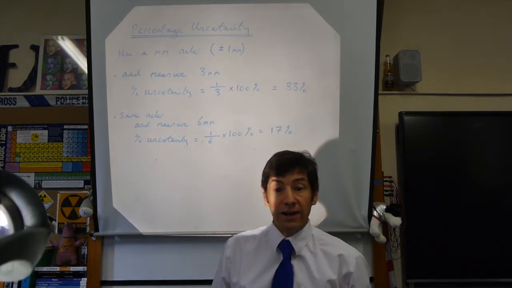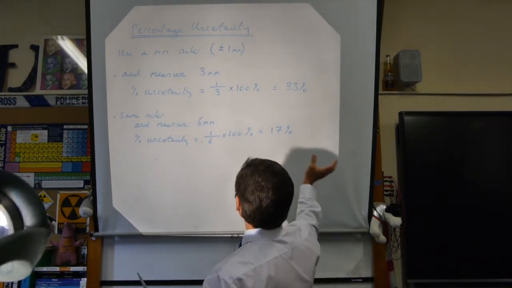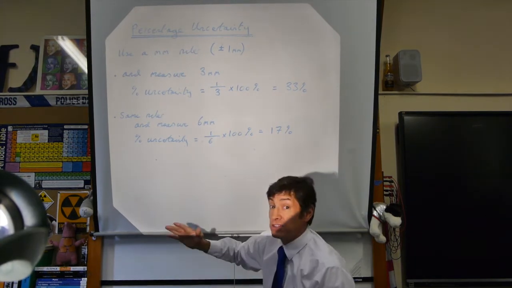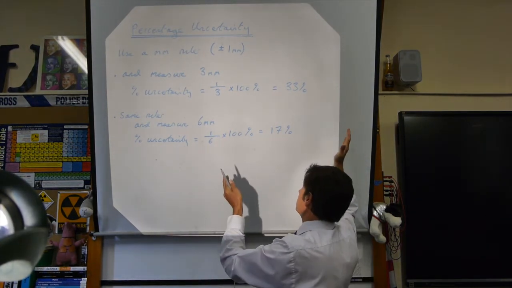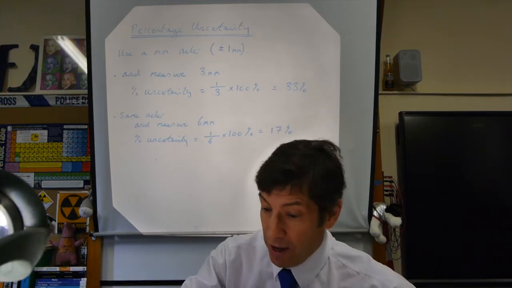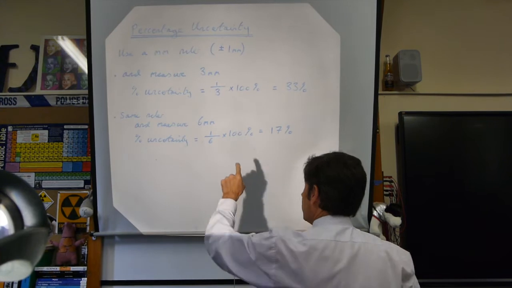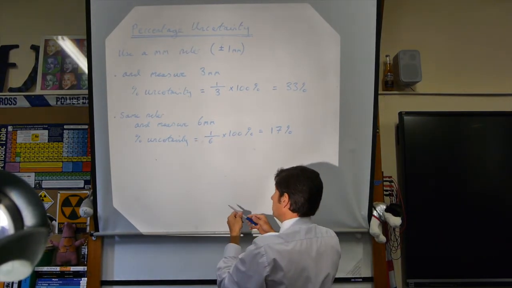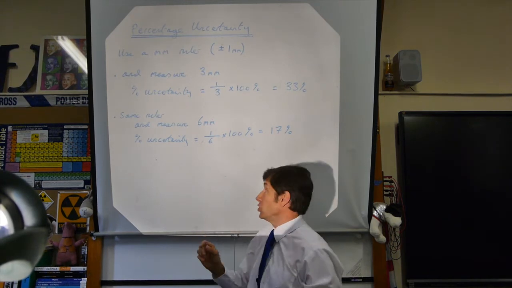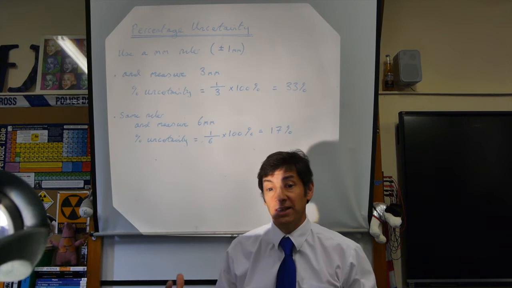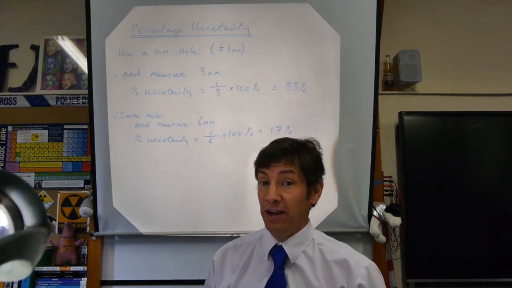So our true value will lie within a range that's 17% too big or 17% too small. It'll lie somewhere within that. So we're saying that we got 6 millimetres for whatever we measured, but in fact it could be 17% bigger or 17% smaller than that value.